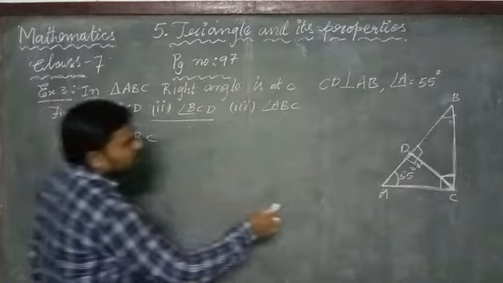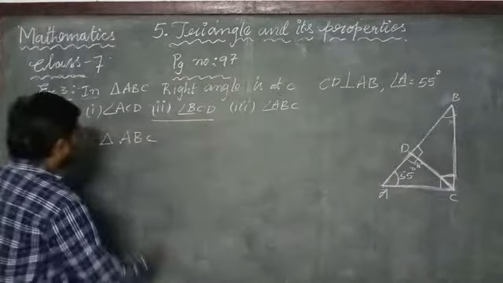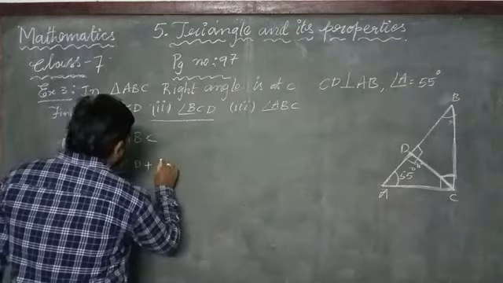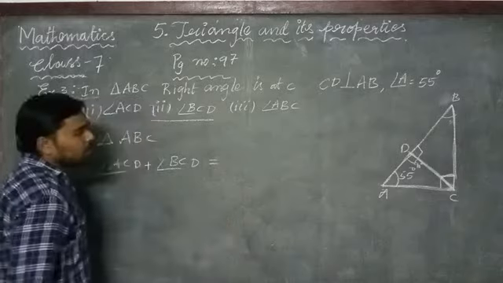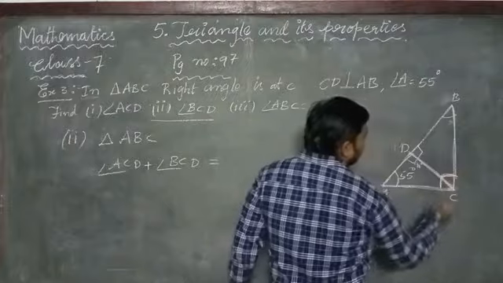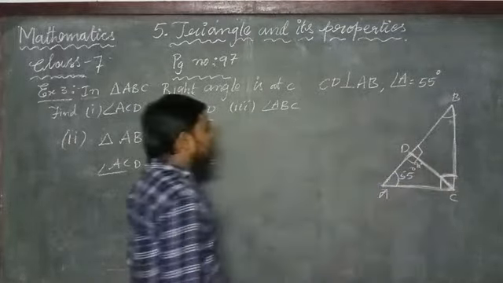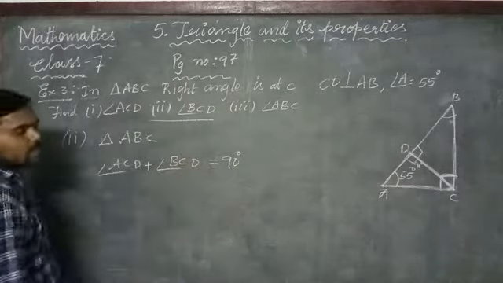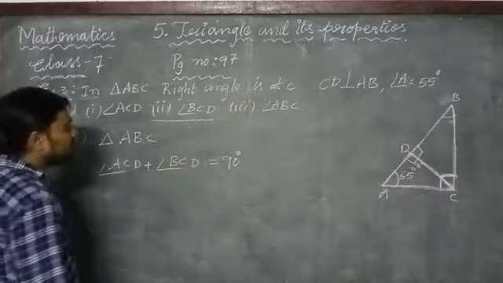If you see the two triangles in the given triangle, it can be written as angle ACD plus angle BCD equals, here the entire angle of C is 90 degrees. We have written the angle C in terms of BCD and in terms of ACD. So the angle is 90 degrees. In triangle ABC, the angle C is making 90 degrees. So angle ACD plus angle BCD equals 90 degrees.